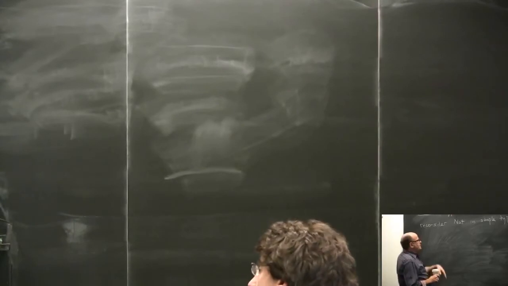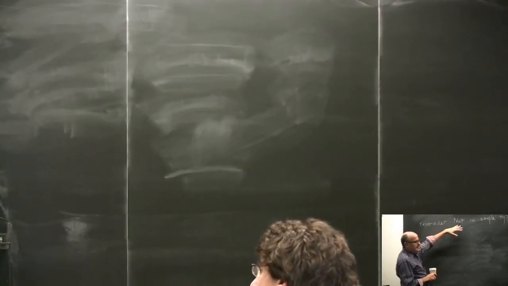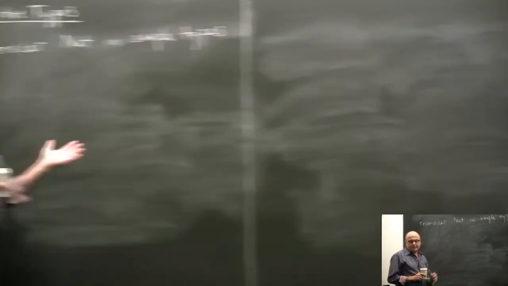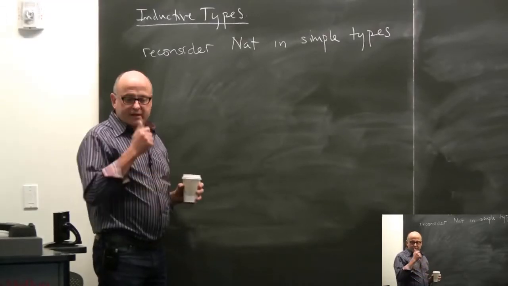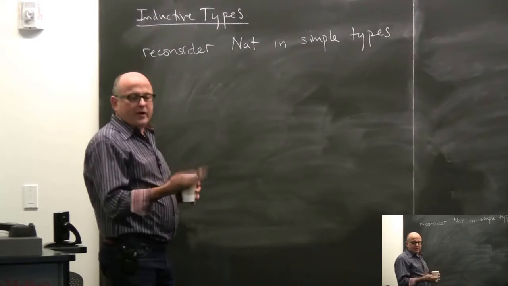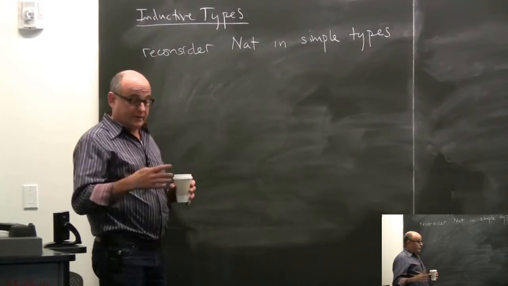And the way I'm going to tell that story is to go back to what we did on NAT and reorganize it and look at it in a slightly different way, which will position us for being able to say things more generally. So that's what I want to do. And there's some stuff that I want you to know, so I'm going to teach about that as well anyway.